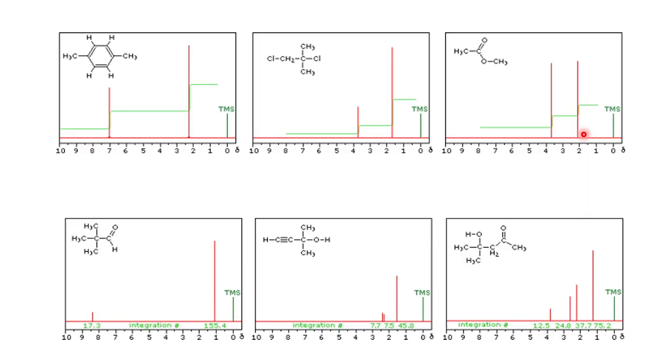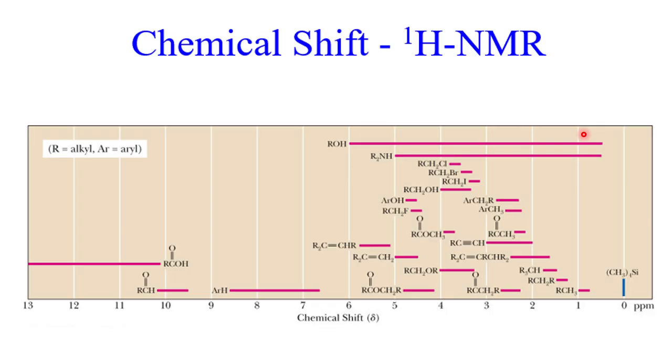There is also an NMR chart where the standard delta values are given, and by changing the electronic environment you get plus or minus something, and you get that idea. So this is the chart. Usually all alkyl groups, if saturated, come within 1 to 2 delta ppm.